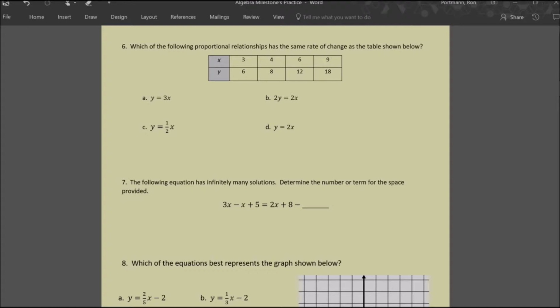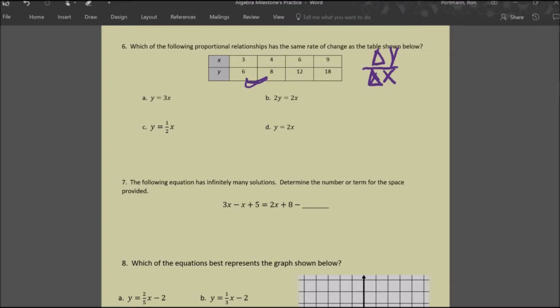How you determine rate of change is the change in y divided by the change in x. That's what those triangles mean. All right, the change in, that means subtraction. If I say the change in temperature, if it was 50 degrees yesterday and 40 degrees today, what is the change? You'd say that it changed by 10. You subtract those two numbers. We're going to subtract the y values.